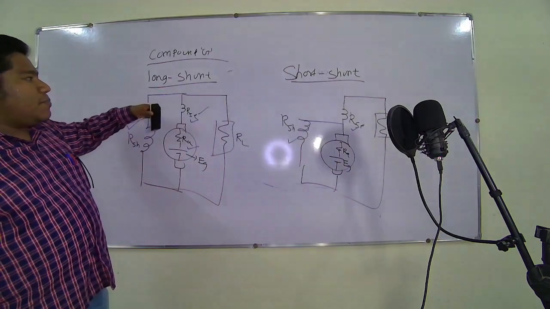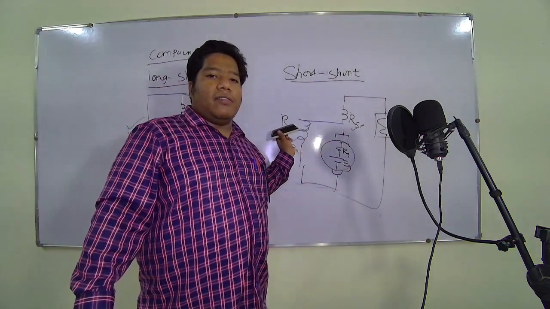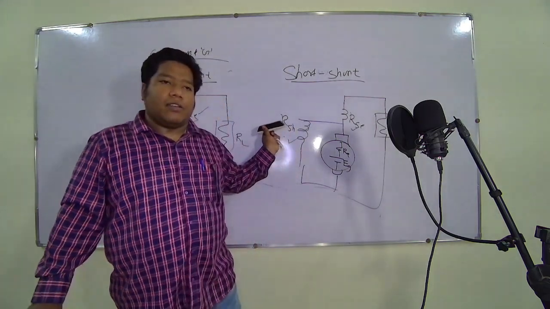So this is the major difference between a long shunt and a short shunt DC generator. So we will conclude here. Thank you.